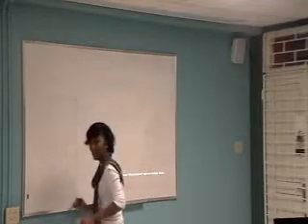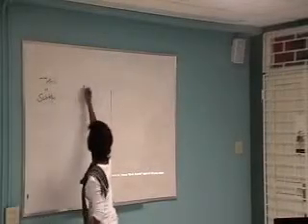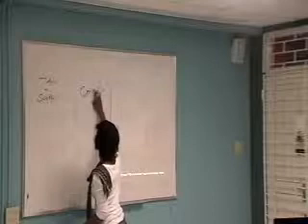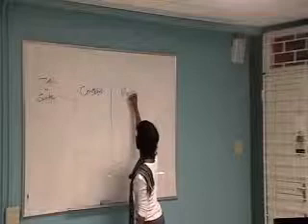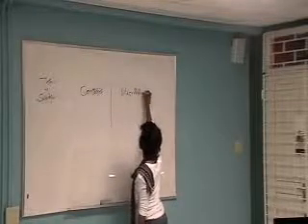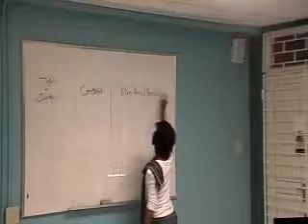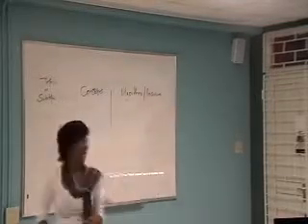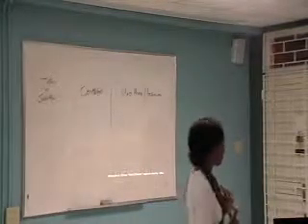So the other thing we looked at was concepts. Now, another thing that we need to be able to do is to distinguish between what's an algorithm and what's a procedure.